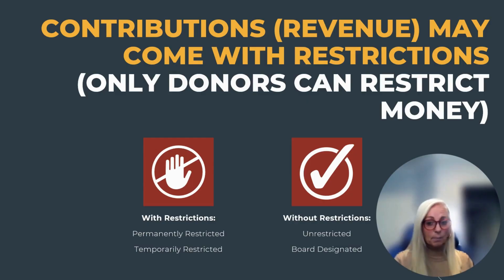In that example, the remaining upcoming years, years 2, 3, and 4, will be time restricted because you're not going to get that money until year 2 happens, year 3 happens, year 4 happens. So again, in that example, the donor is giving it to you with no purpose attached to it, but the donor is telling you that you're not going to get it all right away. You'll get it over the course of 4 years. That makes subsequent years time restricted.